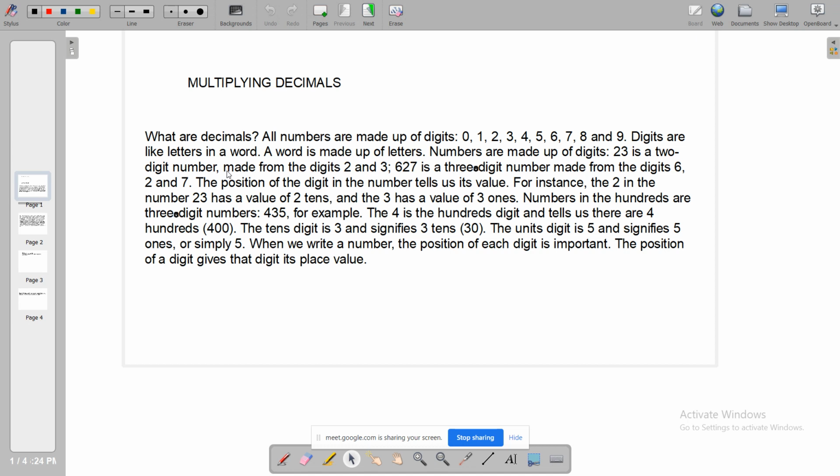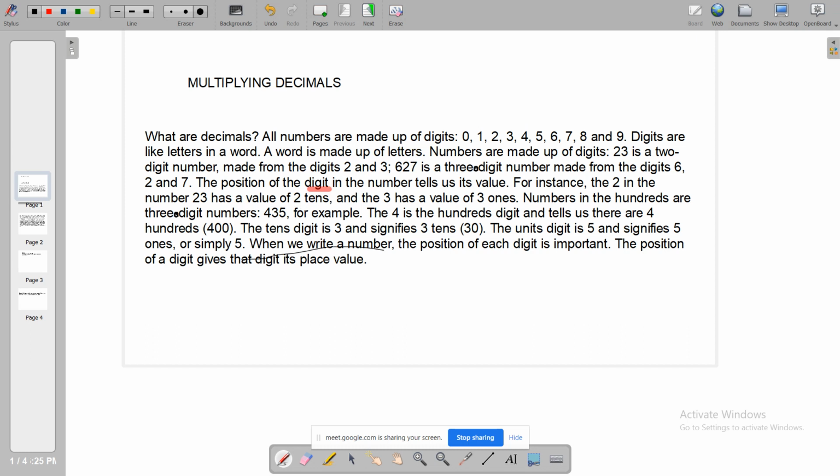Okay. Now what we are saying is, in mathematics, when you see a number, you need to pay attention to the position of the digits. Now we look at the position of each digit. The position of each digit is very, very important. So let's say we have this number here.